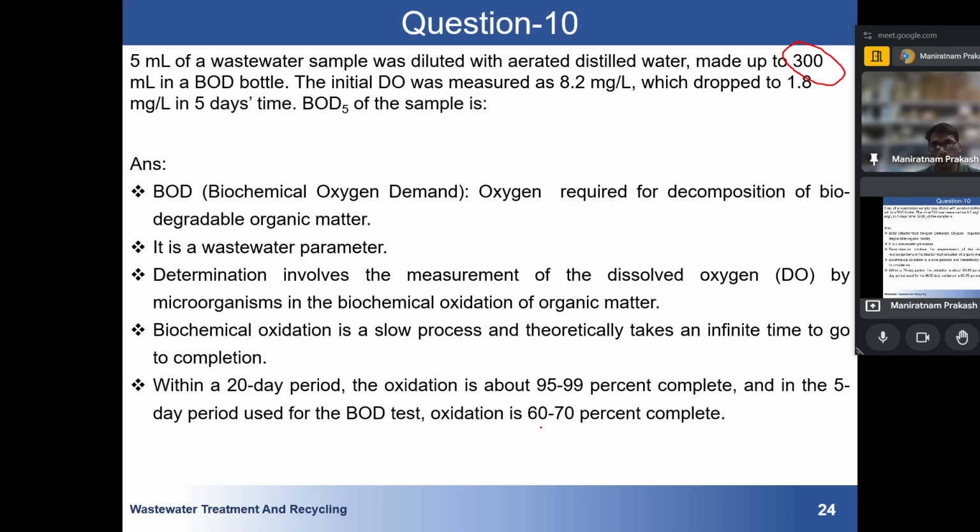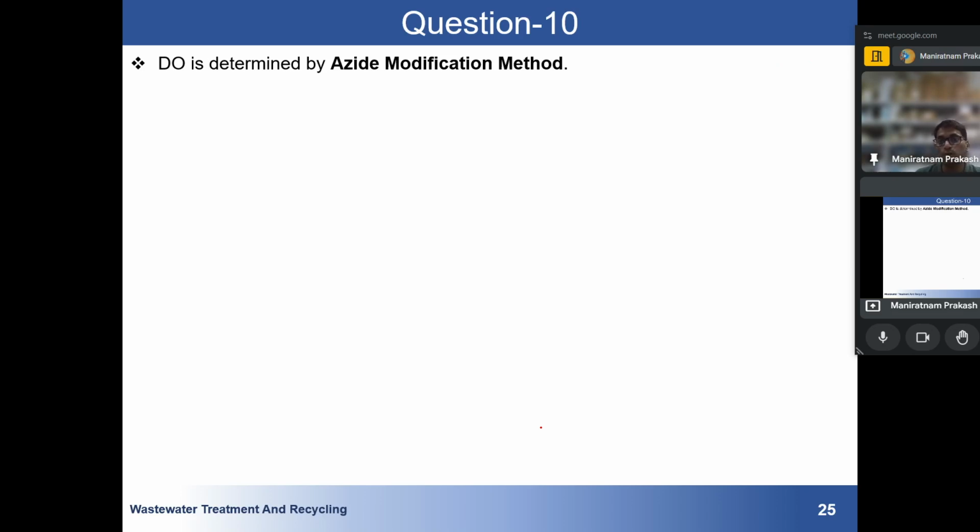Researchers have found that within 5 days 60 to 70% decomposition has occurred, and by 20 days around 95 to 99% of oxidation has occurred. DO is generally determined by the azide modification method.